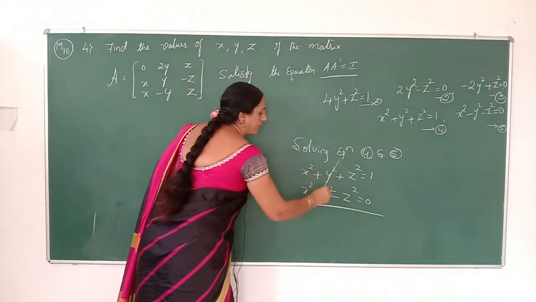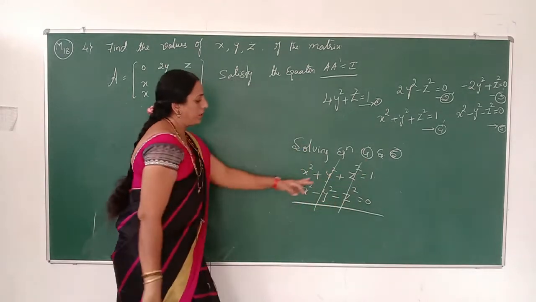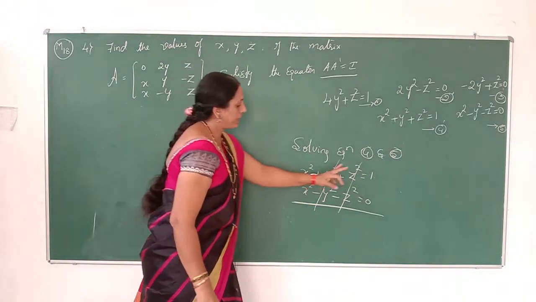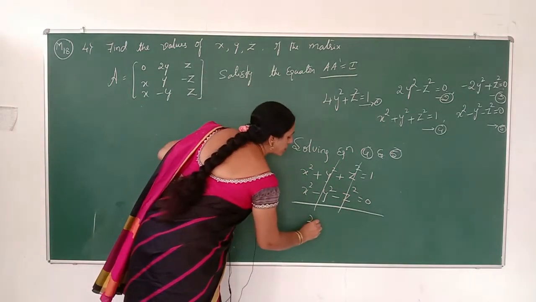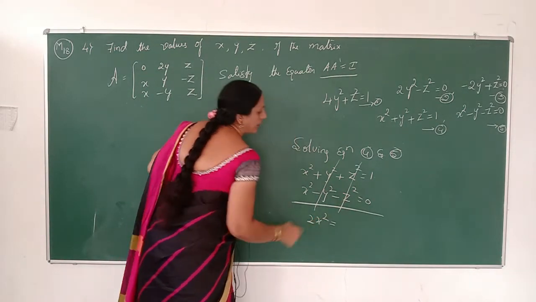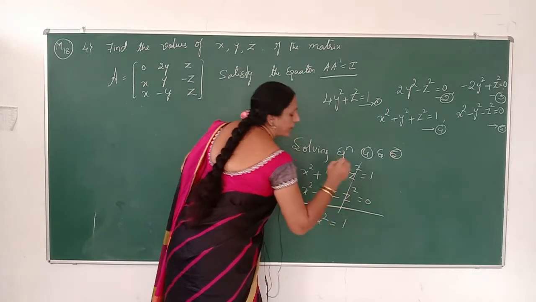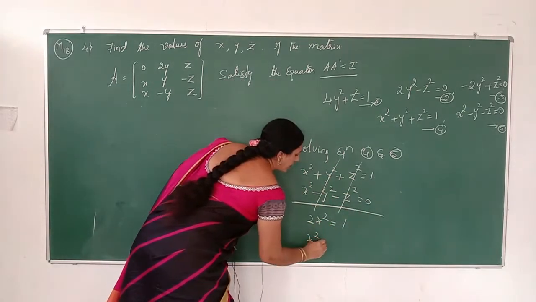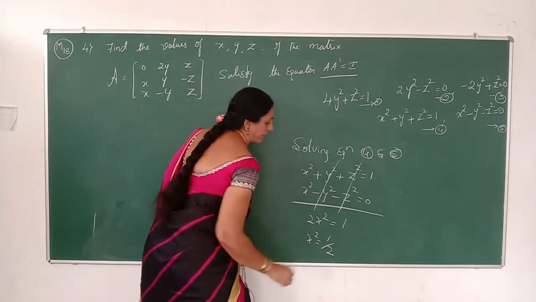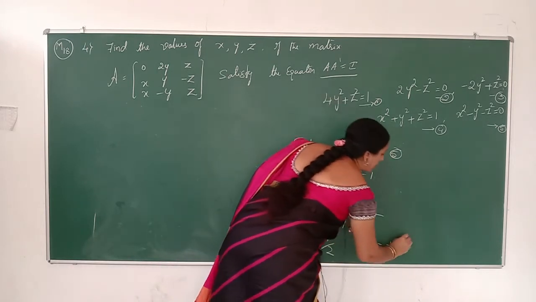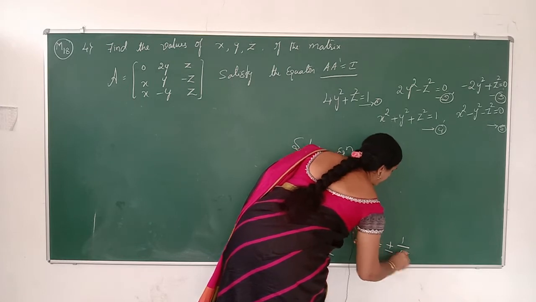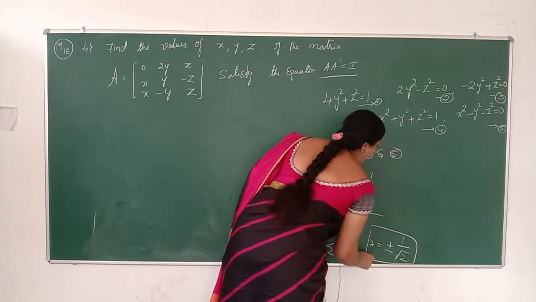Now adding these two equations, plus y square minus y square and plus z square minus z square get cancelled. x square plus x square is 2x square is equal to 1 plus 0 is 1. Therefore, x square is equal to 1 by 2. Then x is equal to plus or minus 1 divided by root 2. That is the value of x.